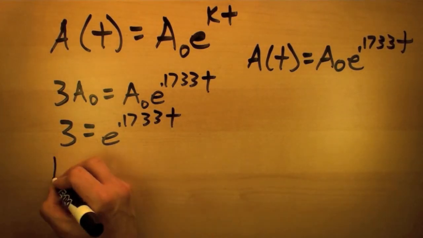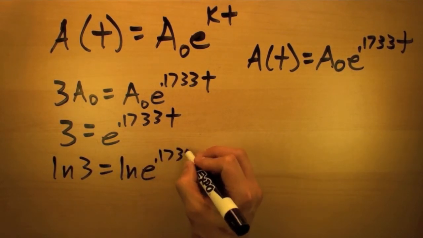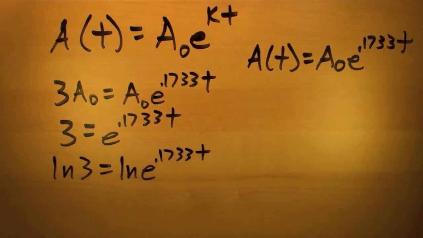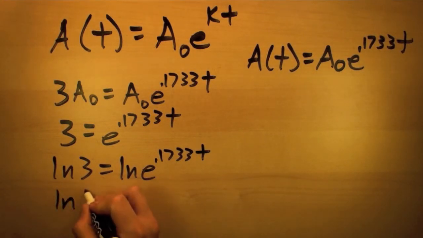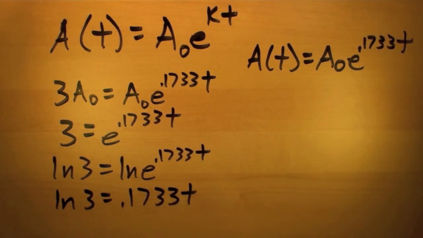Take the natural log of both sides. Natural log and e are inverses, so we end up with natural log of 3 equals 0.1733t. And then we divide by 0.1733.